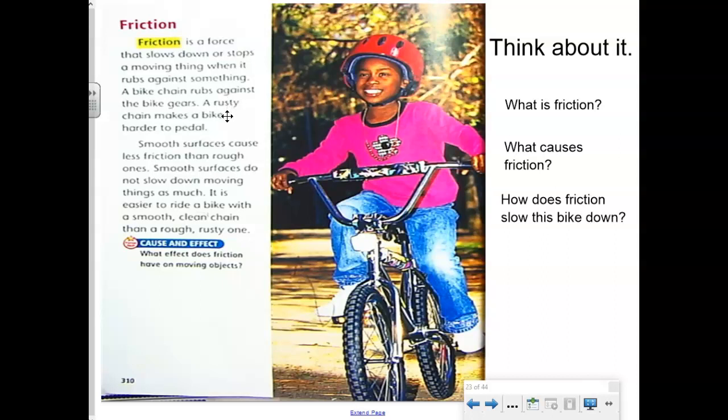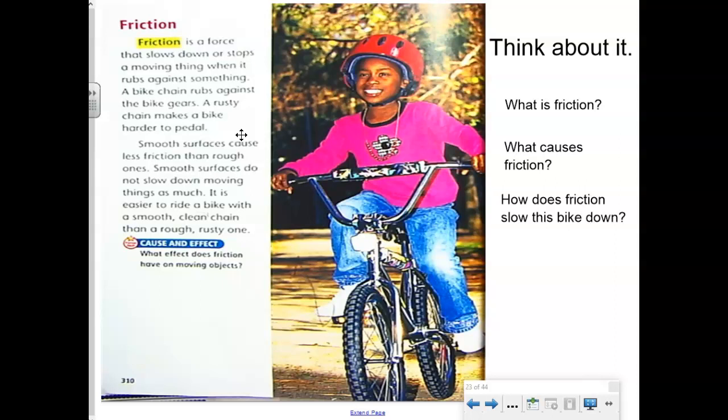All right, what causes friction? Friction happens when two things rub together and it causes it to slow down.